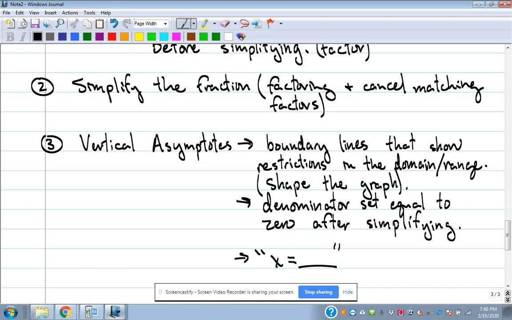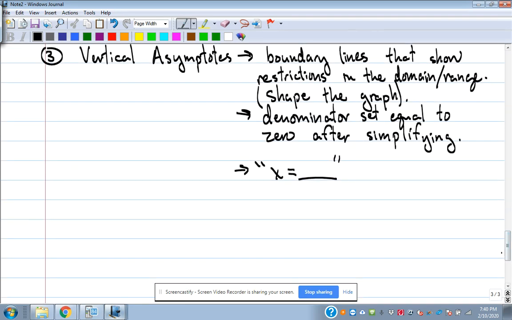All right, now, the next type of thing that we're going to find is the horizontal asymptotes. And this is a little tougher sometimes, and sometimes it's easier because there are rules that go with horizontal asymptotes.